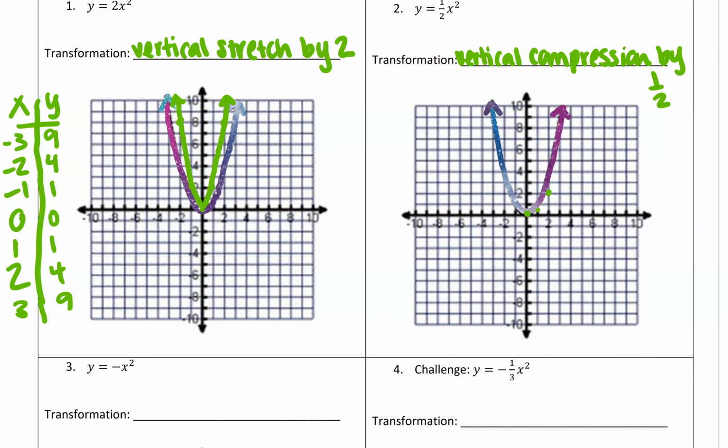Instead of 3, 9, I'm going to have 3, half of 9 is 4.5. So it'll be like that. And I'm just doing a rough estimate. And if I wanted, I could probably figure out some more points. But if I notice here, this graph is wider than the original graph because it is a vertical compression.